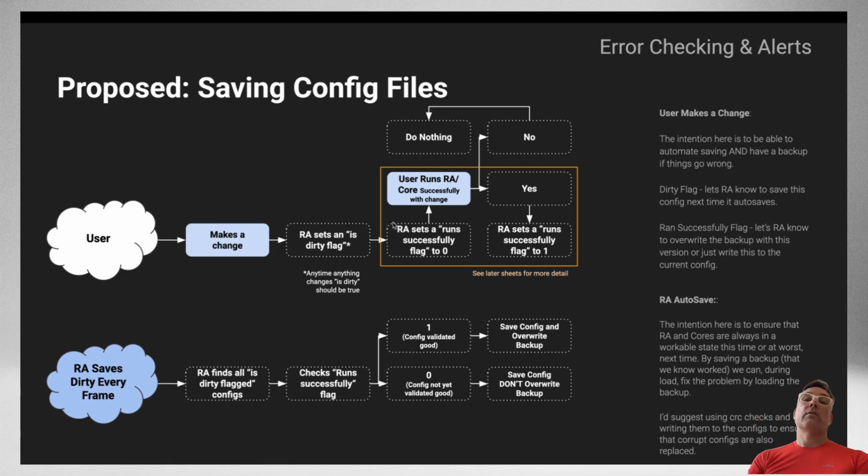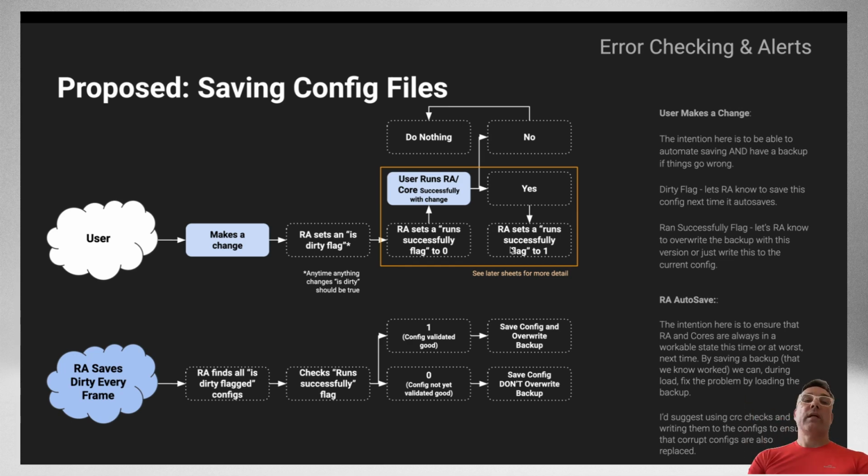And then once the setting is past muster, so if it's a core, the core is loaded up and works, then we can go, oh yes, it has run successfully, and change that flag to 1 to say it does run successfully. And we'd also reset it as dirty, just in case it has saved.